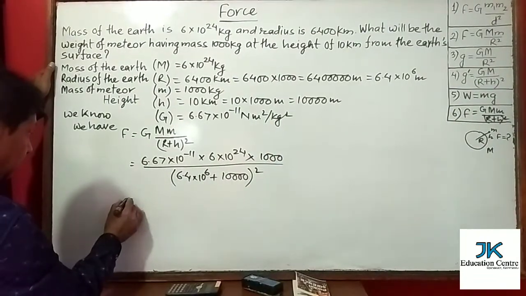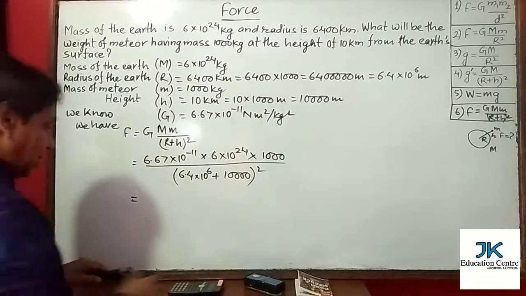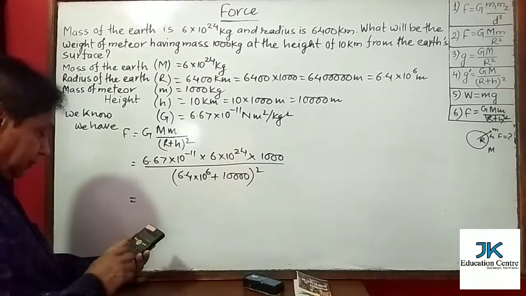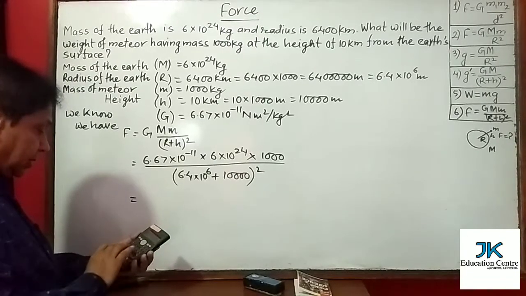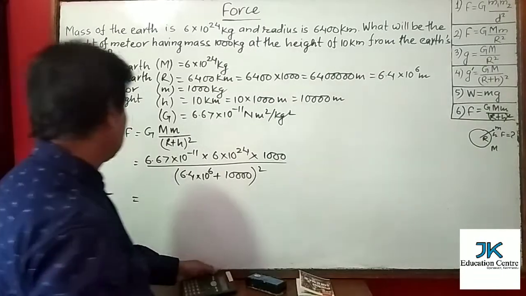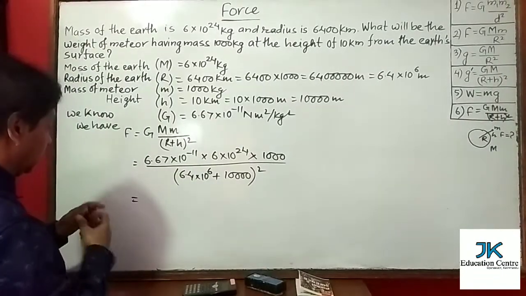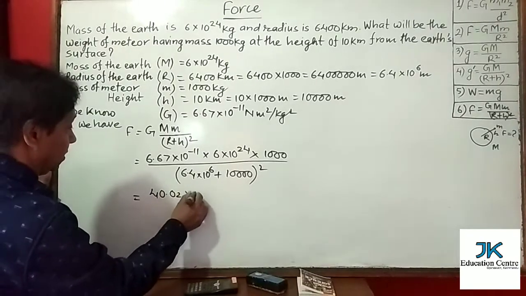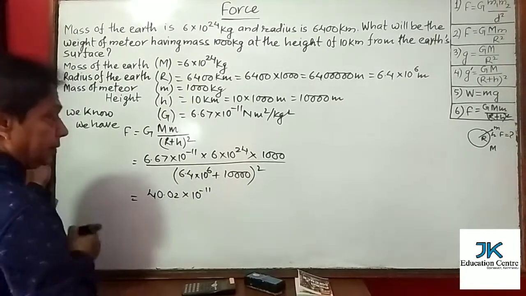Now I'm going to multiply 6.67 into 6, which is 40.02, so 40.02 into 10 to the power minus 11.